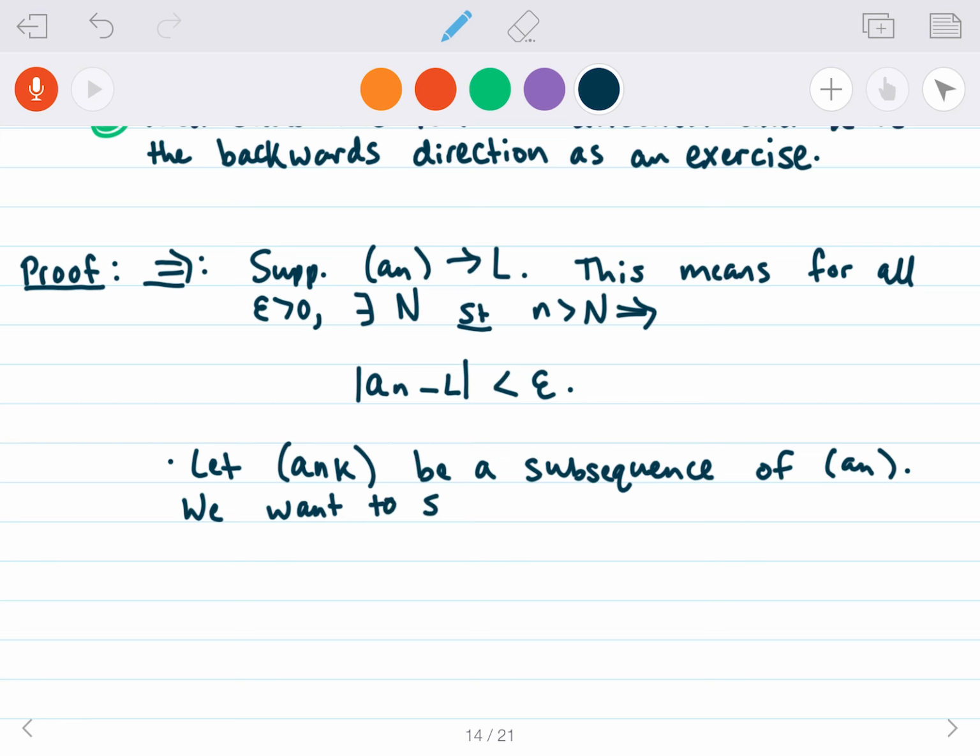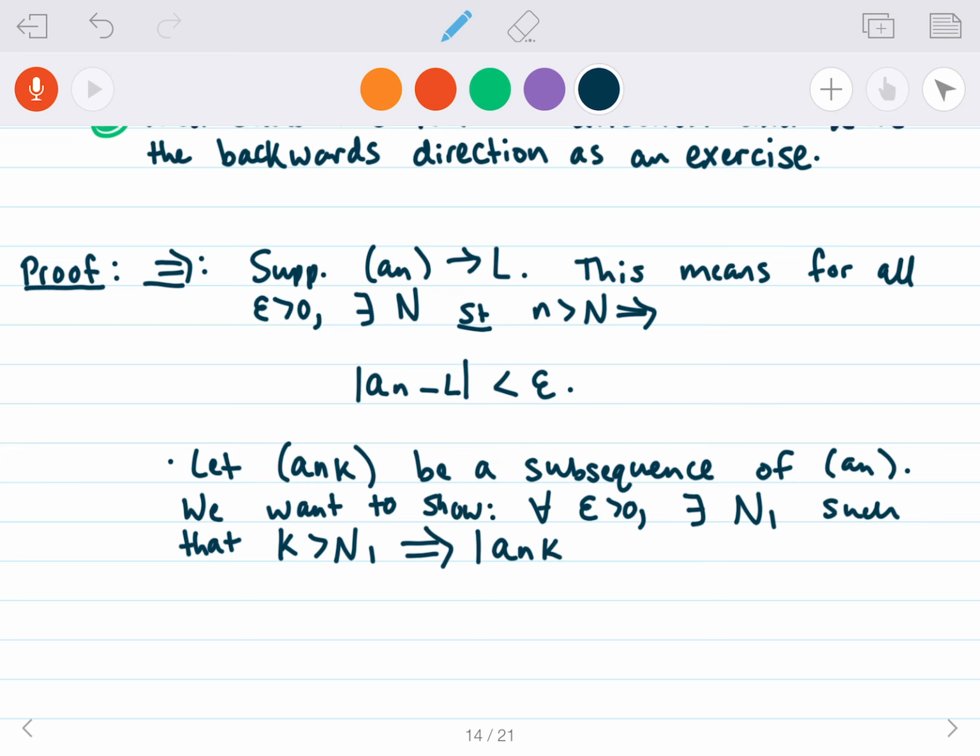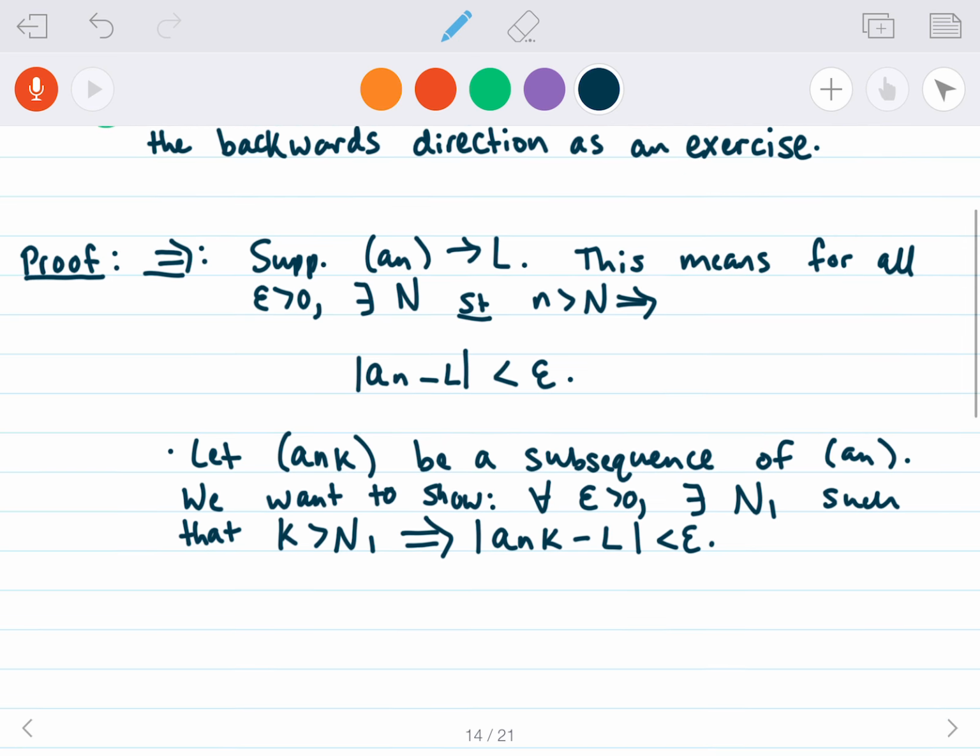I'm just going to write what I just said: that for all epsilon bigger than 0, there exists some capital N1 so that when k exceeds N1, so when you get to a certain point in your subsequence, the terms in your subsequence get closer and closer to L. Such that little k bigger than N1, so we go out far enough in our subsequence, implies that the terms in our subsequence are getting arbitrarily close to L. Okay, so this is what we're trying to show.